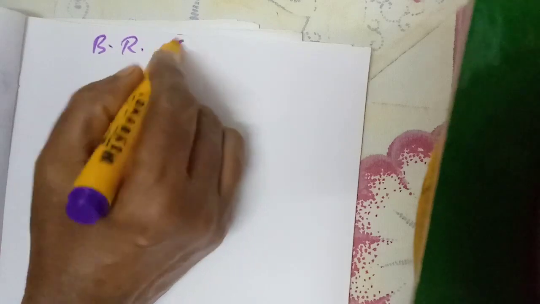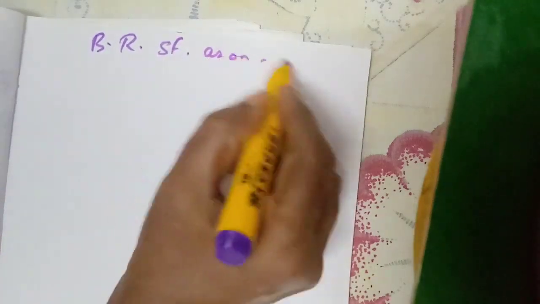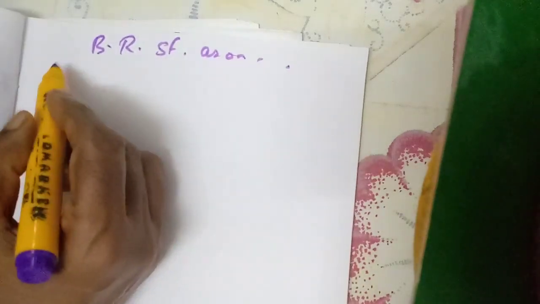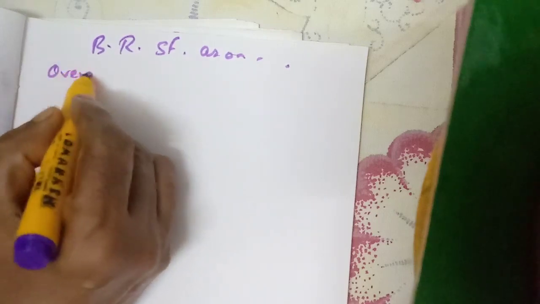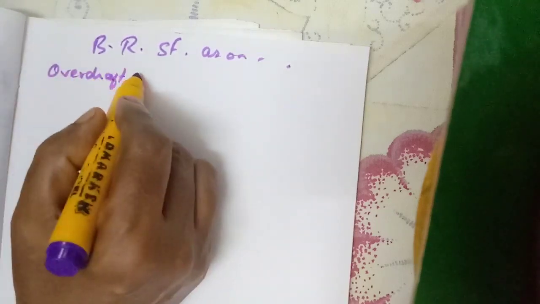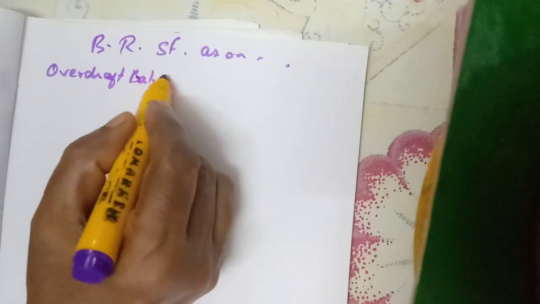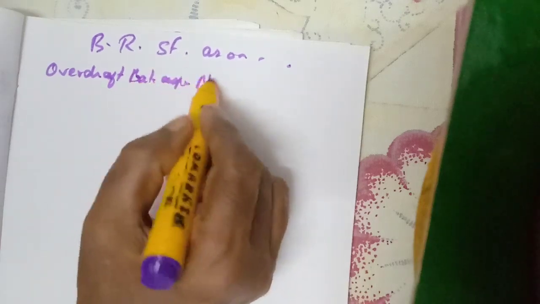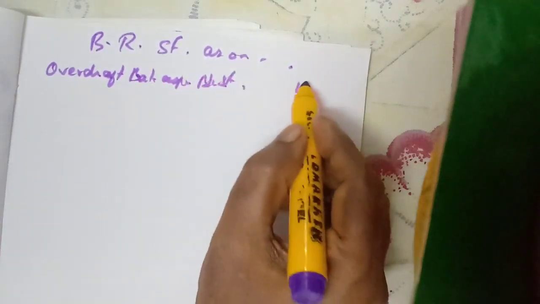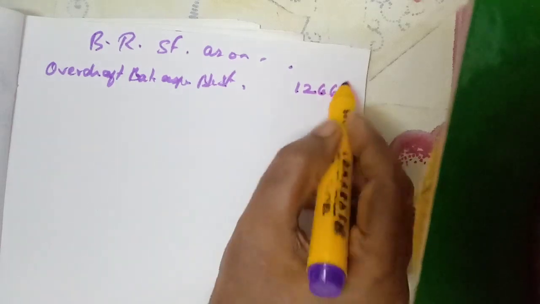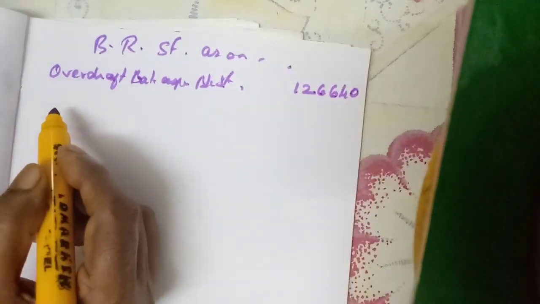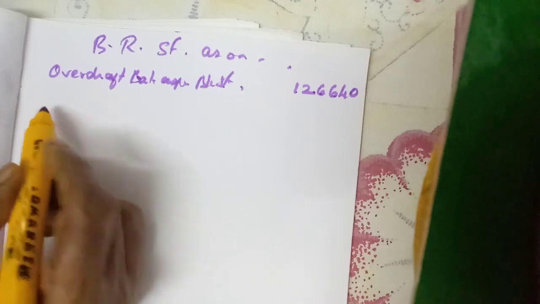Bank reconciliation statement as on, write the date. So here overdraft balance as per bank statement 1,26,640. Now what should be added?